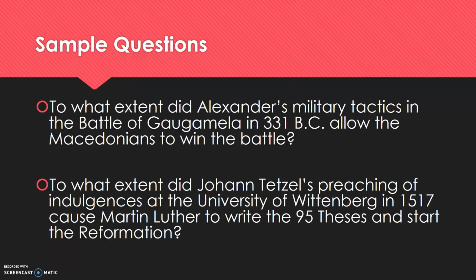And this is actually a very large debate amongst historians, because the Persian Darius that Alexander was opposing also made mistakes. So the implied counter argument to this, if it wasn't that Alexander's military tactics really made the difference in this particular battle, maybe it was the terrain and the geography, maybe it was Darius's mistakes.